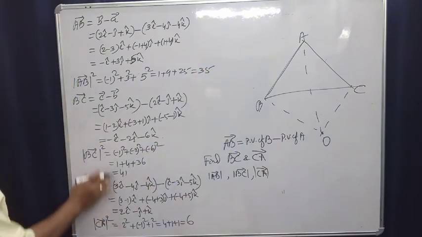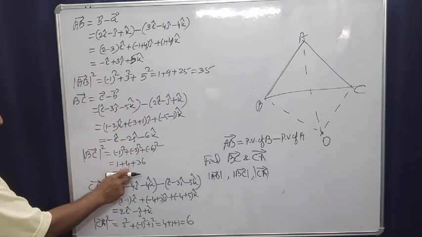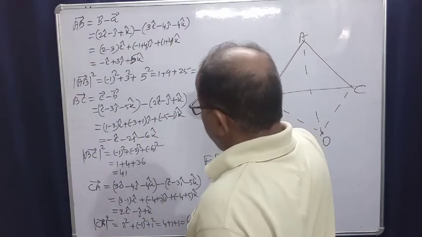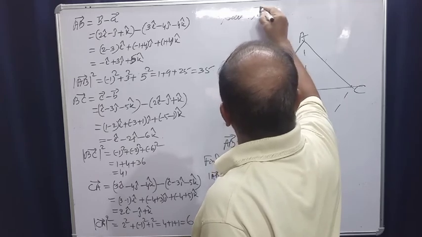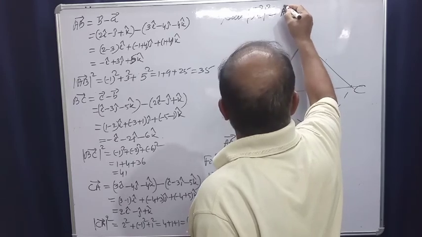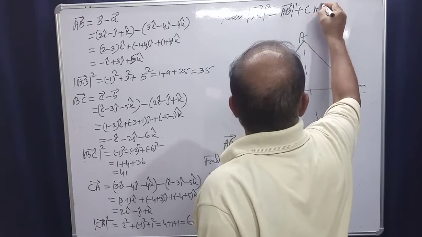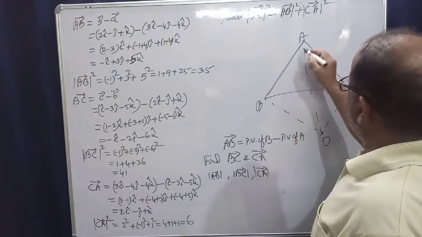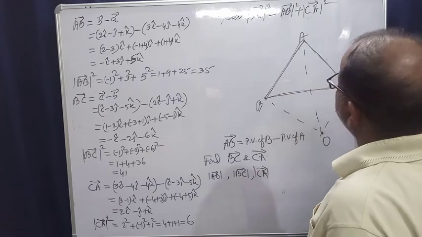Yes, now you see AB square is 35, BC square is 41. Now BC magnitude square is equal to AB square plus CA magnitude square. AB square plus this square is equal to BC square.